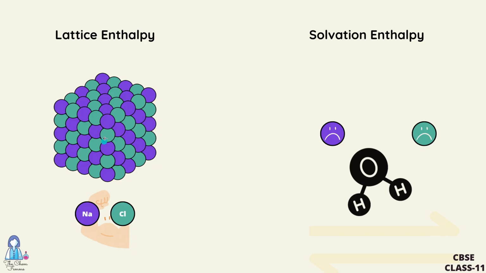The lattice enthalpy would describe the strength between the sodium and the chloride ion. In the case of sodium chloride, it's really strong, because it's not hygroscopic like calcium chloride. The greater the lattice enthalpy, the stronger the forces between these two ions.